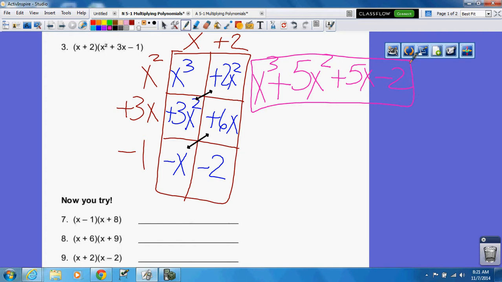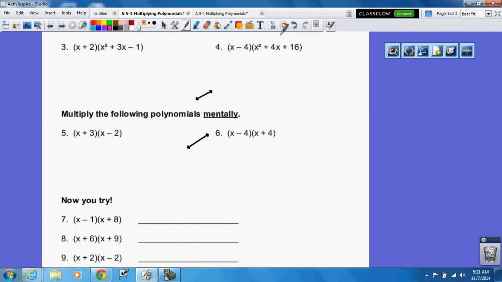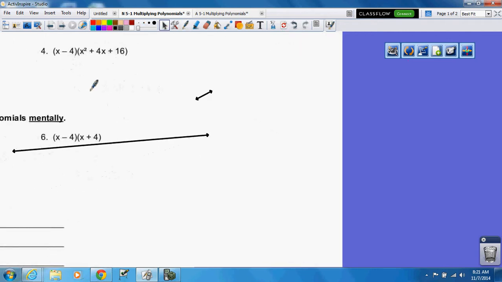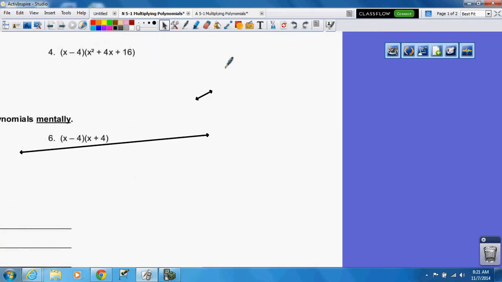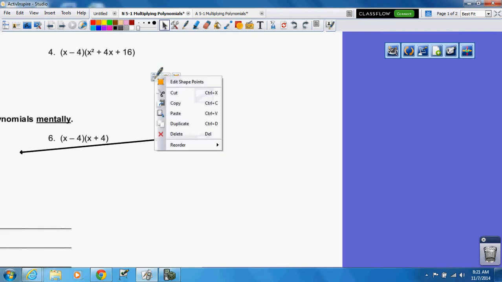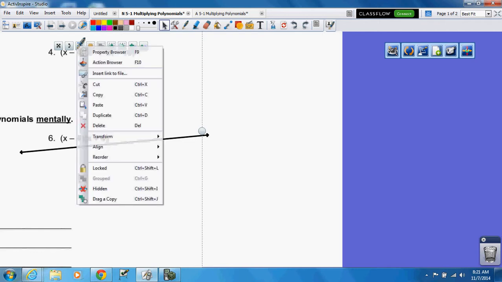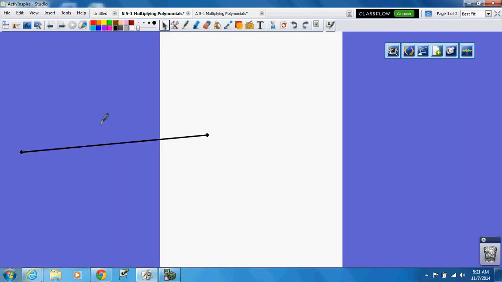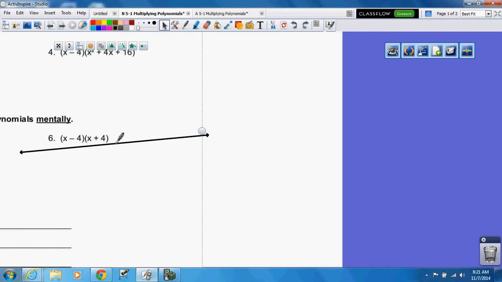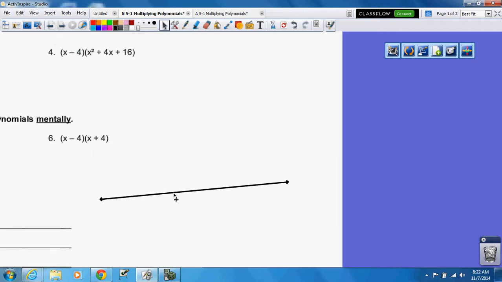So go ahead and pause it if you need to, but now I want you to work number 4. So when I look at number 4, I'm going to do the box method again.